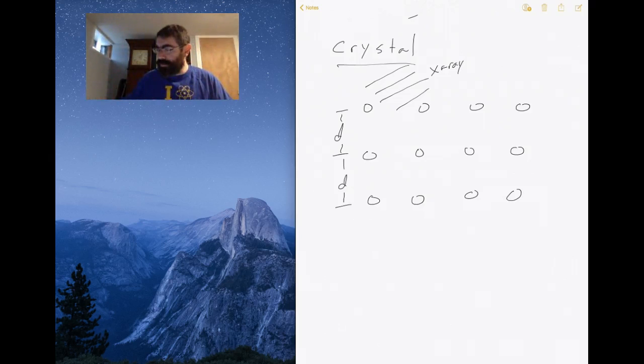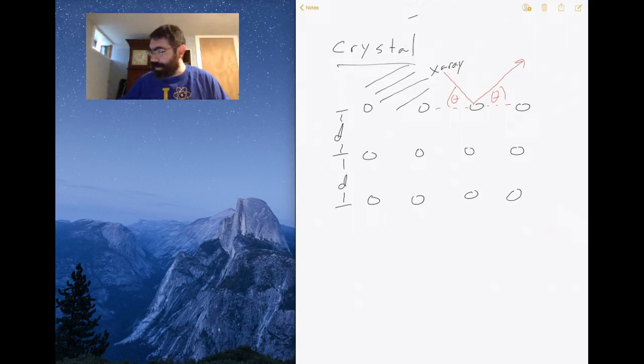And so what we would get is something more like this, where I've got the X-rays coming in, and then they bounce off at some angle theta. So basically the law of reflection: the angle of incidence theta is going to be equal to the angle of reflection theta.